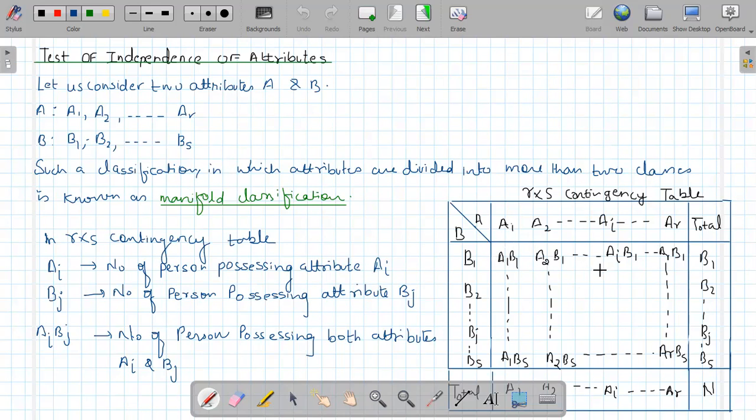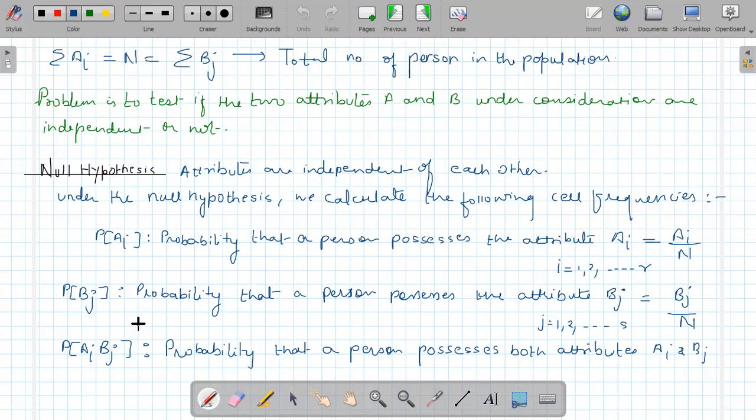The sum of all these is given by B1, so it is B1 upon N. So the probability that a person possesses the attribute Bj is given by Bj divided by N. And probability of AI Bj means probability that a person possesses both attributes AI and Bj.